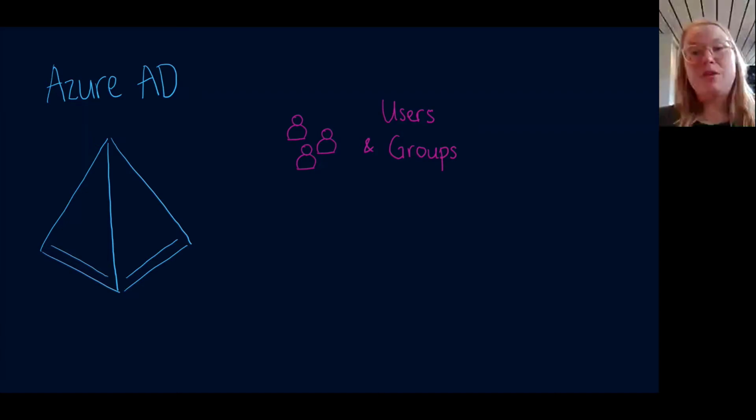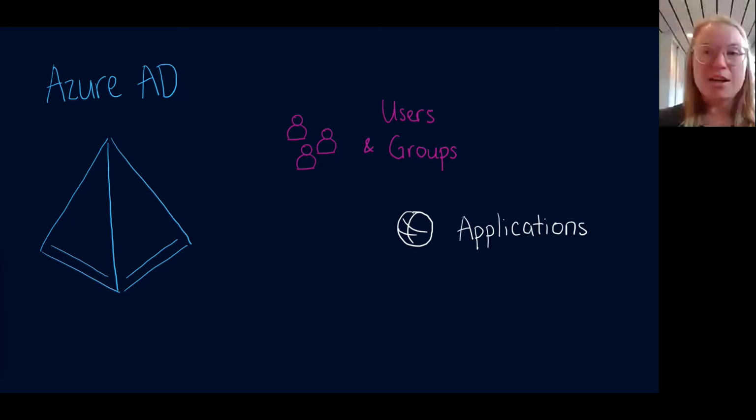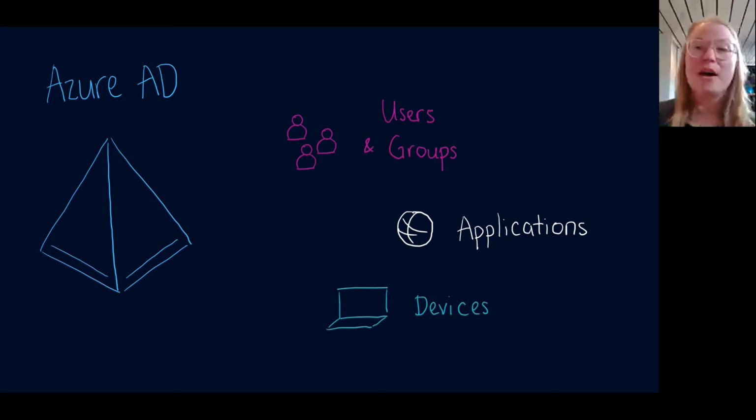On the other hand, we can also have some application identities in Azure AD as well, and that way we can also grant access to specific applications. And the third area that we're not going to cover today, just for your knowledge, is that in Azure AD we can also have device identities as well. But we won't get into that. It's a completely different topic and quite extensive.